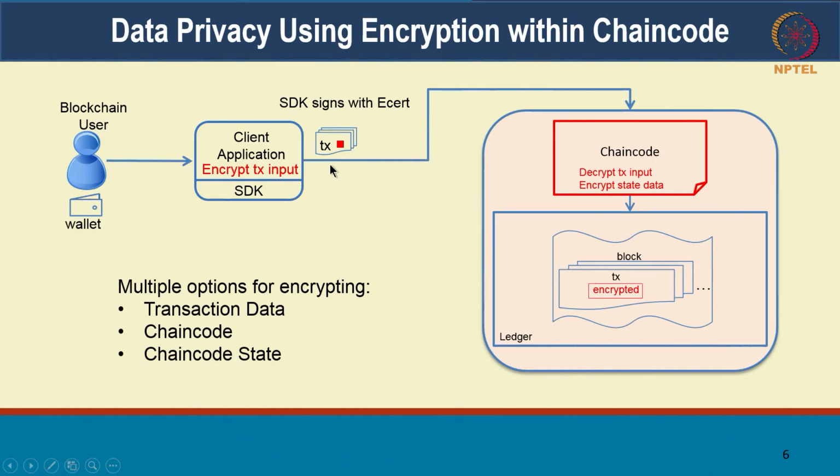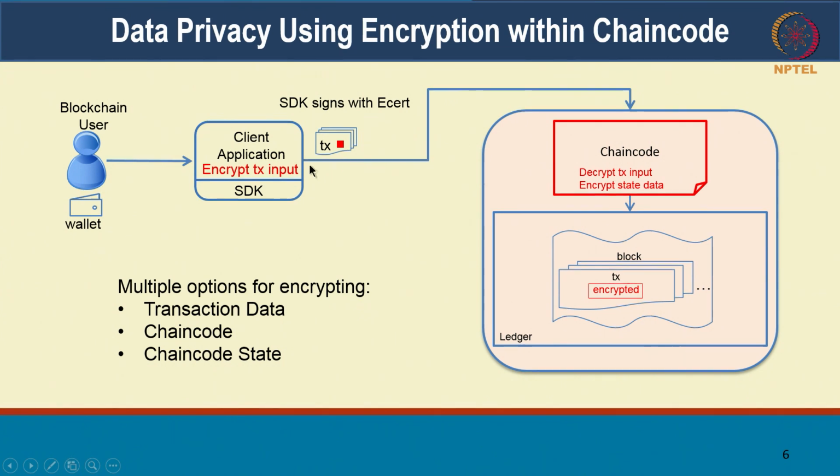So this picture just gives you the flow of how that works. Right? A blockchain user is going to use a client application to invoke a transaction on a particular chain code. So what they will do is encrypt the transaction input parameters. All the input parameters that are going to go into the chain code, they're going to encrypt.